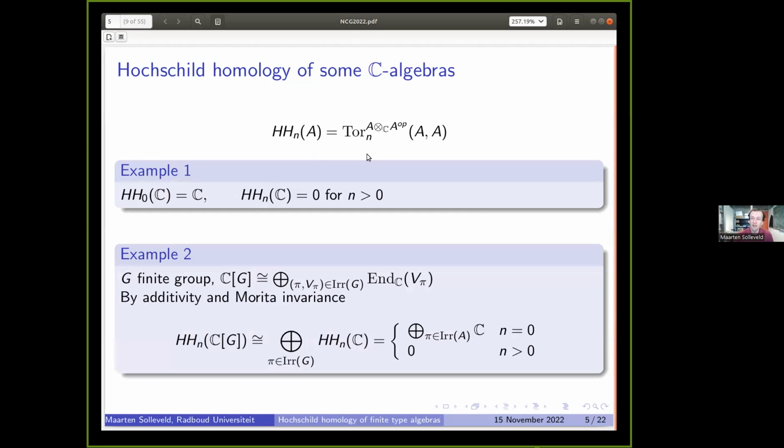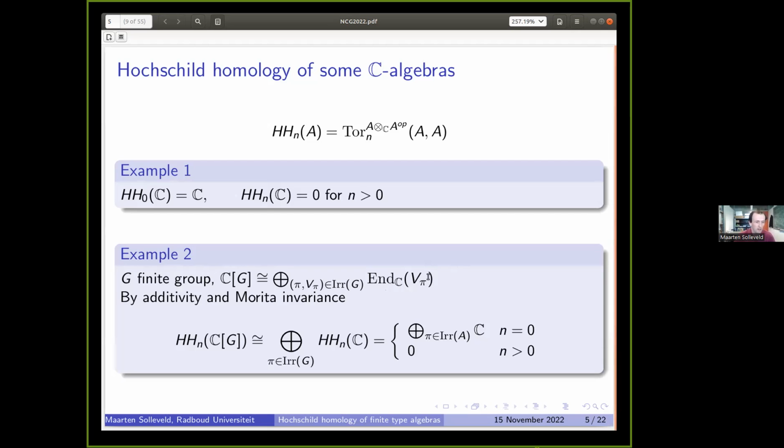And the same argument applies to other slightly larger algebras. So if you take the group algebra of a finite group, I take it here over the complex numbers to avoid trickiness with positive characteristic dividing the order of the group. Then this is, as we know, a finite dimensional semi-simple algebra, and you can rewrite it as a direct sum of matrix algebras associated to the various irreducible representations of the group.